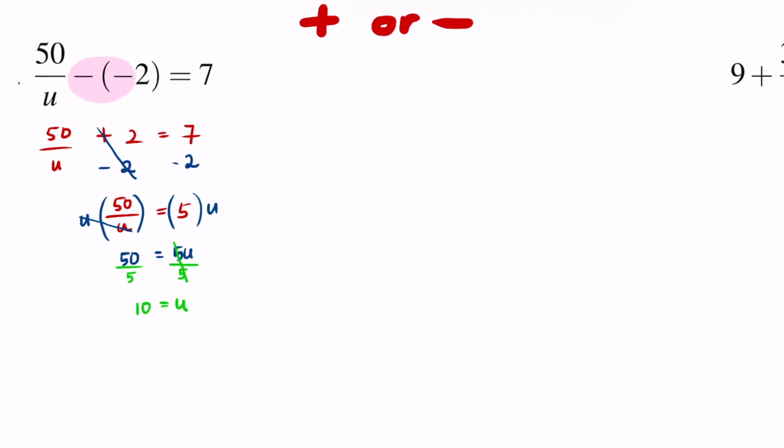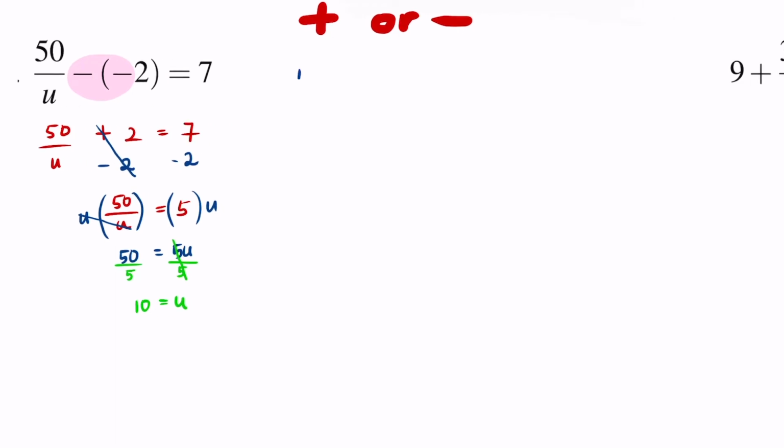Okay? So we need to check by substitution. Copy the original equation, 50 over u minus negative 2 equals 7. So 50 divided by, what is u? u is 10. So I write 10 there. And what is negative negative?